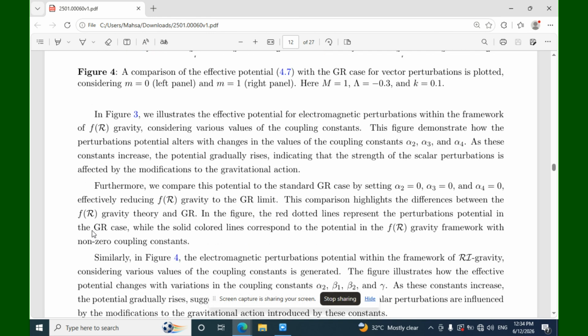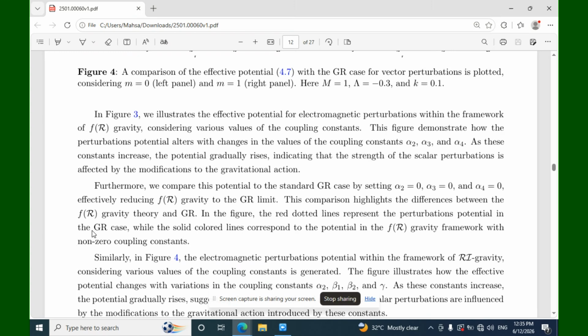In figure 3, we illustrate the effective potential for electromagnetic perturbations within the framework of FR gravity, considering various values of the coupling constants. This figure demonstrates how the perturbation's potential alters with changes in the values of the coupling constants alpha 2, alpha 3, and alpha 4.